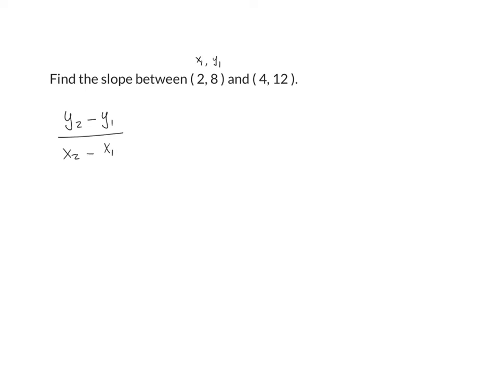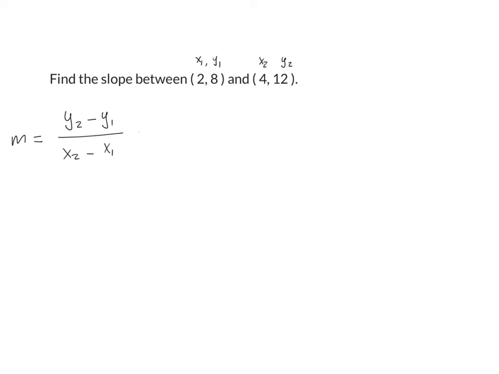And our second point will be the one on the right side, and that's going to be my x2, y2. In math, whenever we're talking about slope, we usually use the letter m, so I'm going to put m equals y2 minus y1 over x2 minus x1.